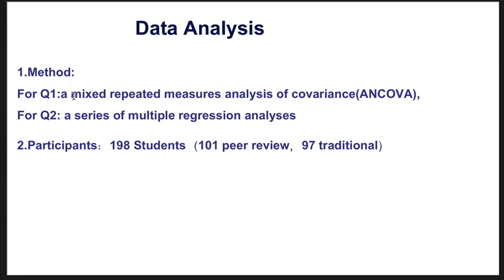And in addressing research question 2, the authors planned a series of multiple regression analyses. And about the participants in this article, a total of 198 students were recruited, providing good statistical power.